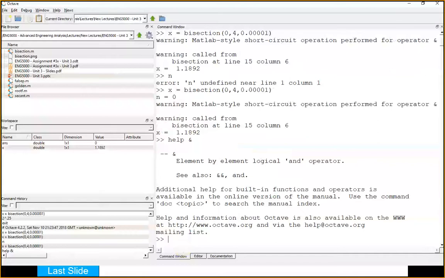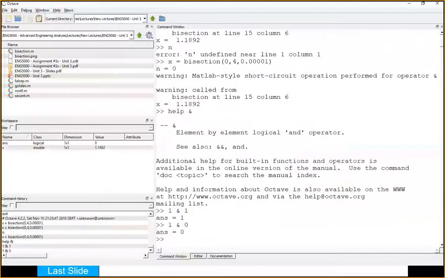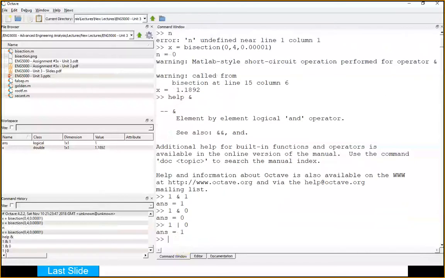Not sure what's going on. Let's just do a check. 1 and 1 gives me 1. That's fine. 1 and 0 gives me 0, and 1 or 0 gives me 1. So the AND operator is fine.